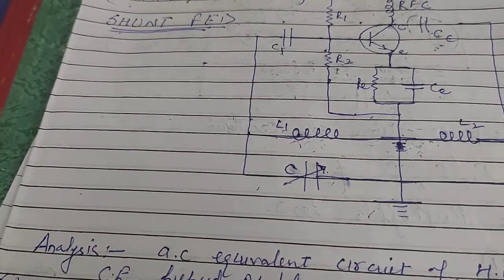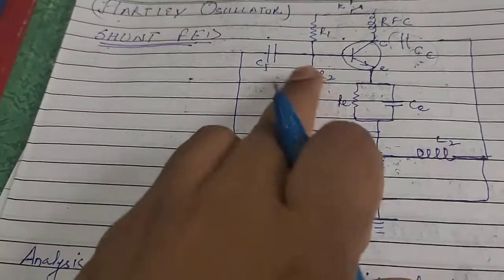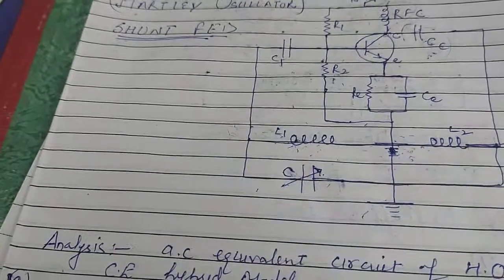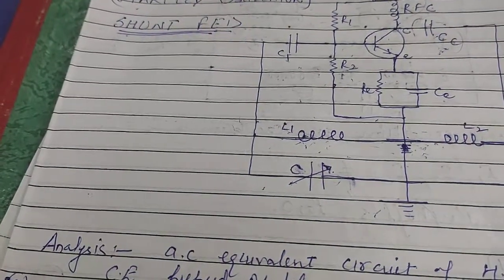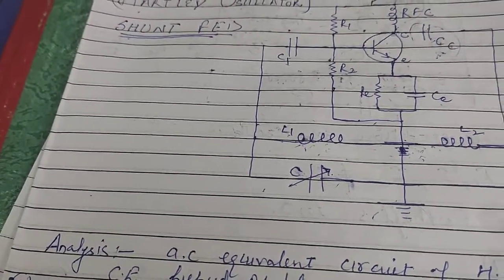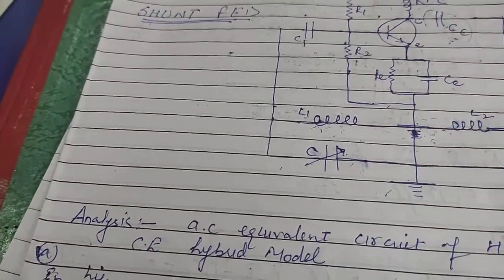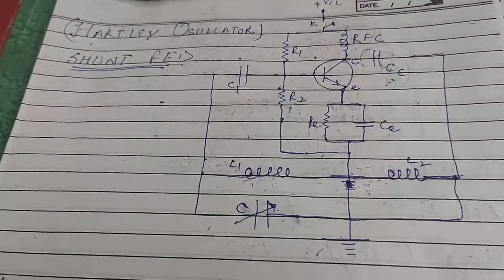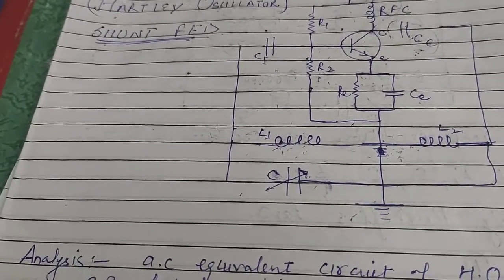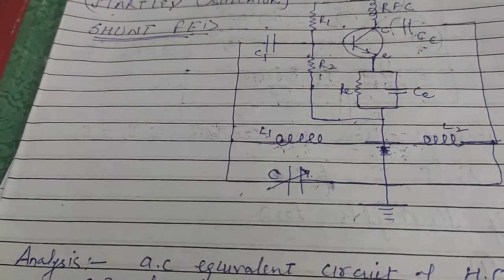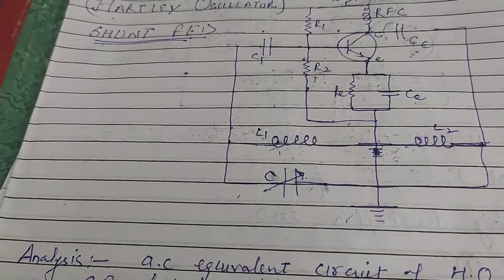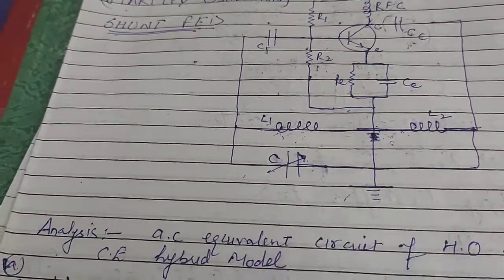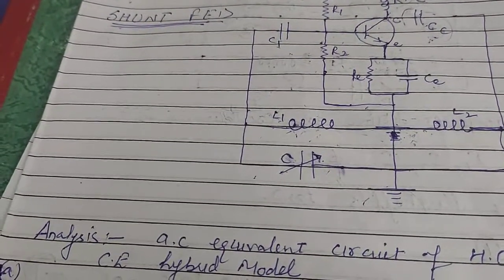The capacitor C1 and resistance R2 both produce the self bias base voltage, while the capacitor CE provides the AC ground and prevents any signal degeneration. CE also provides us temperature stabilization. So with the help of the variable capacitor, we can adjust the frequency of the oscillation.